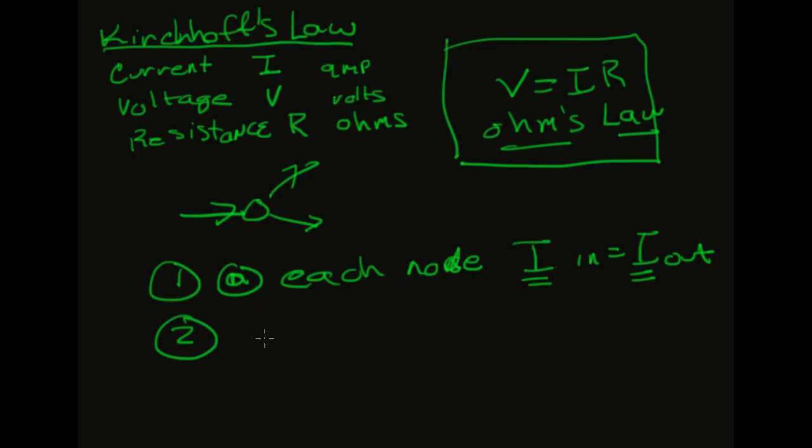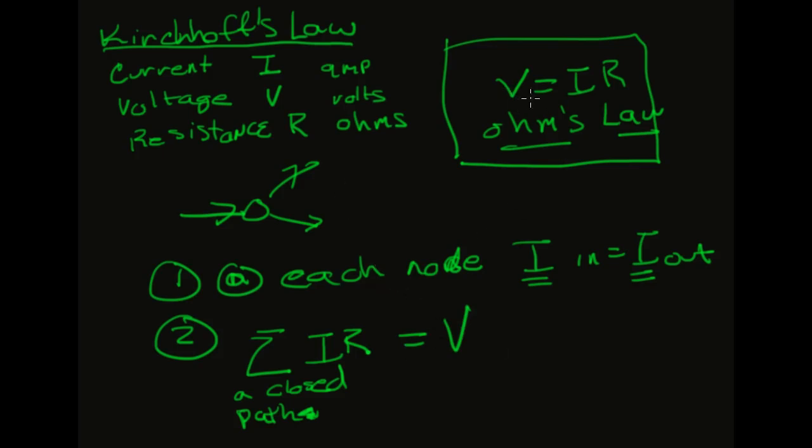Number two is that the sum of current times resistance on a closed path has to equal the voltage on that path.